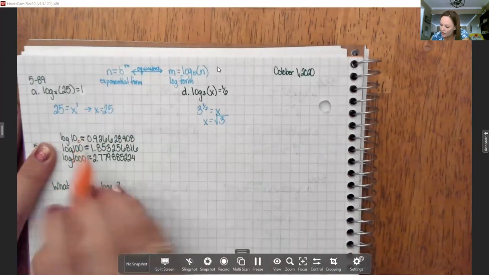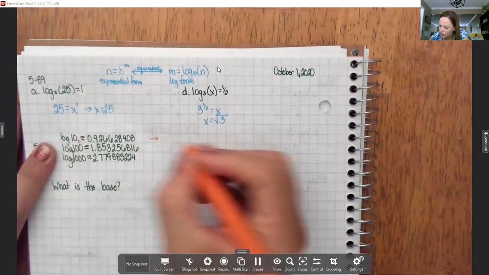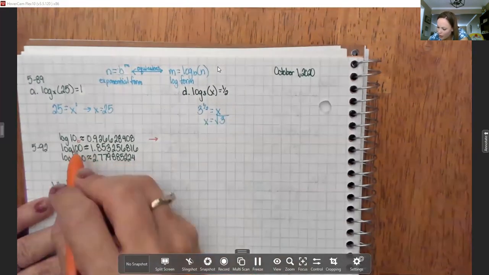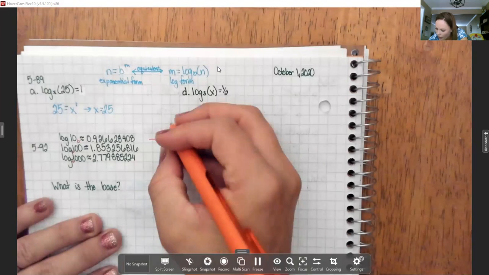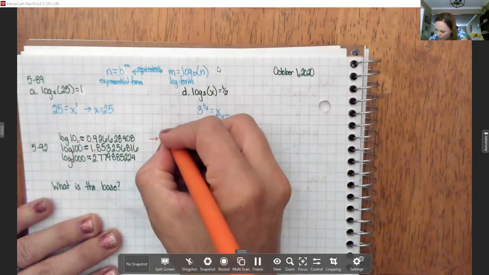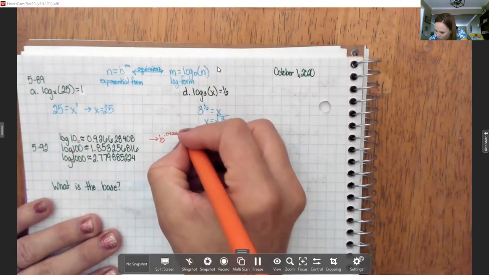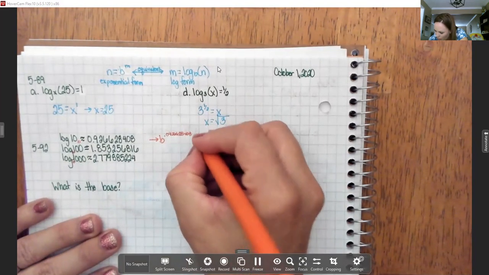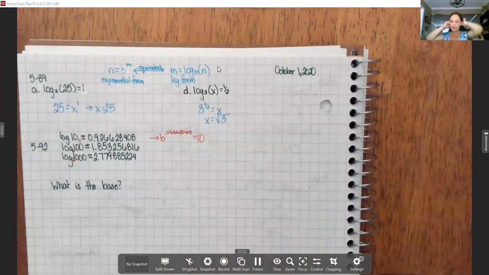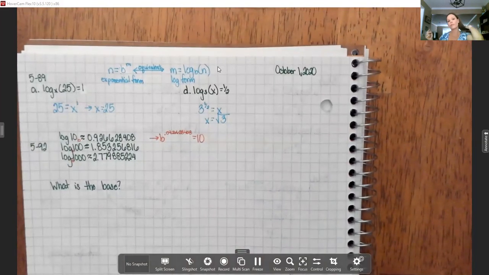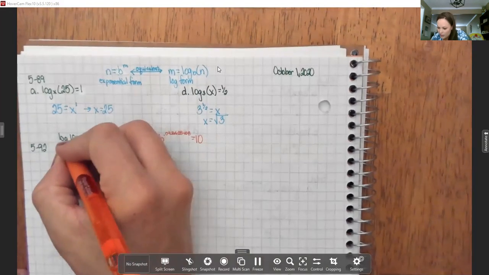If I rewrite this top one in exponential form, that would be b to the power of 0.0926628408 is equal to 10. I wrote the b in the wrong spot there, I apologize.